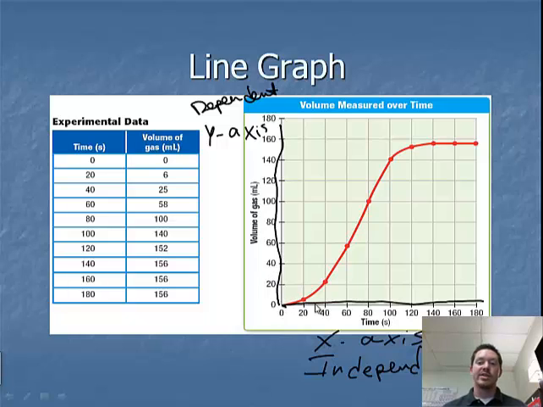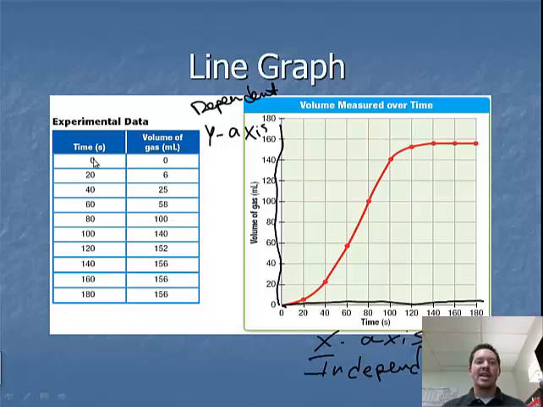Notice on this graph we've got from 0 up to 180 on both the x and the y axis, divided by 20 second increments on the bottom, and 20 milliliter increments going up the side. But notice how we use the entire graph to show what's going on with this data.